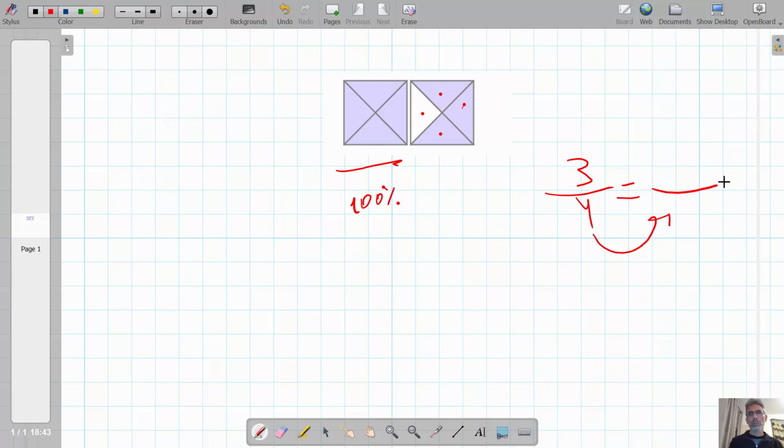Convert it to hundreds by multiplying by 25. So this is 75 over 100, which is 75%.